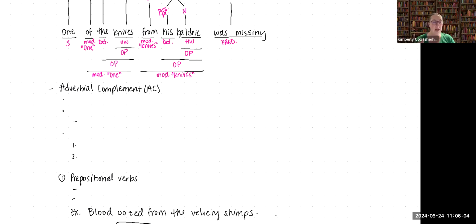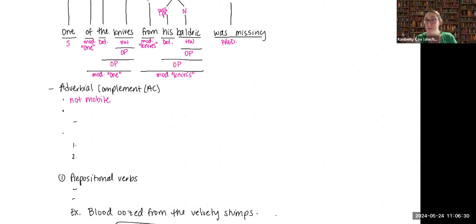So one of the important things to be aware of when we're talking about adverbial complements is that they are not mobile. So unlike adjuncts, which can appear at the beginning or the ends of sentences, adverbial complements are not mobile. Even if you look above, one of the knives from his baldric was missing. We couldn't say one of the knives, well, I mean, we kind of could.